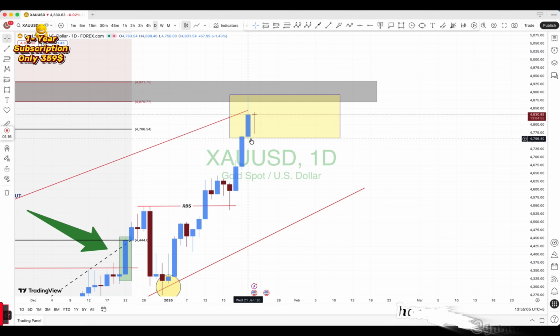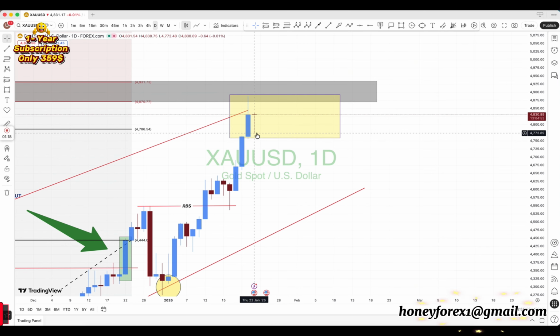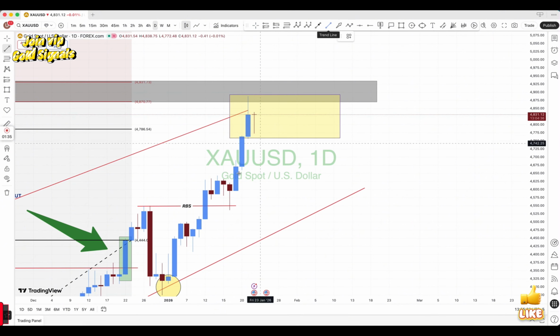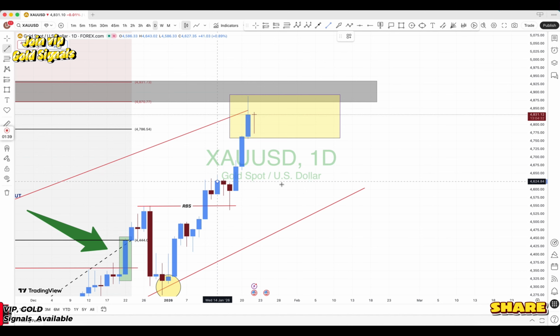But it retests here. So we expect resistance to become support and the market to go up. Currently we're not looking at gold for a selling position. Currently we're looking for gold buy, and possibly the market makes the resistance become support.